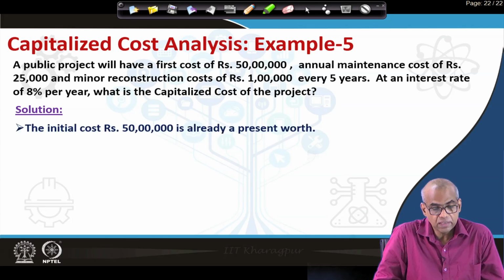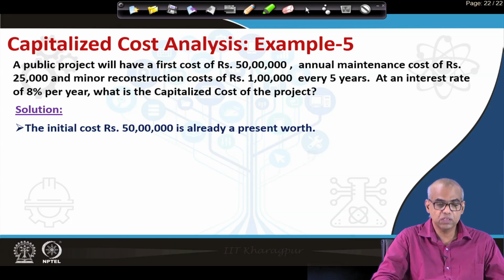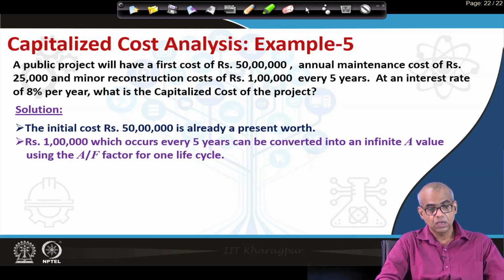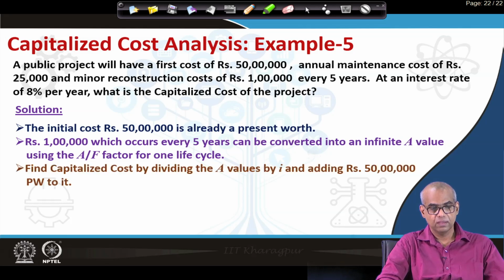What is given is that the initial cost is rupees 50 lakh, it is already a present worth. Rupees 1 lakh which occurs every 5 years can be converted into an infinite A value using the A by F factor for one life cycle. Find the capitalized cost by dividing the A values by I and then add rupees 50 lakhs present worth to it.